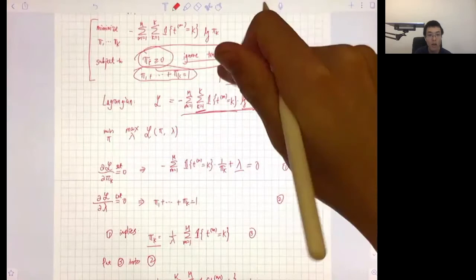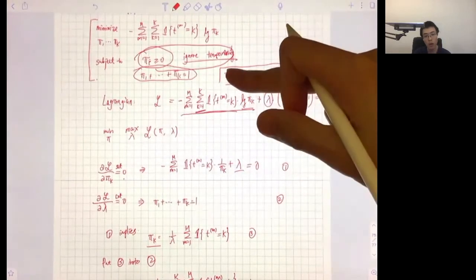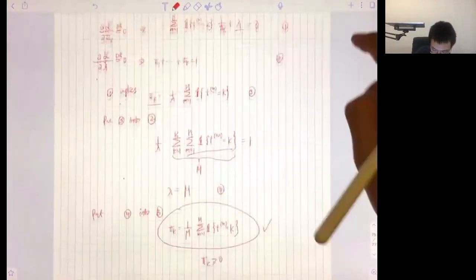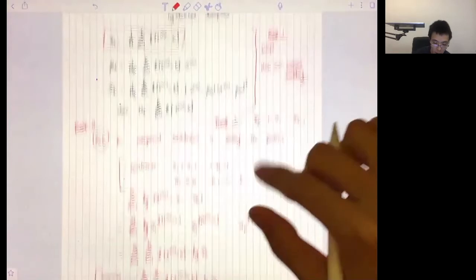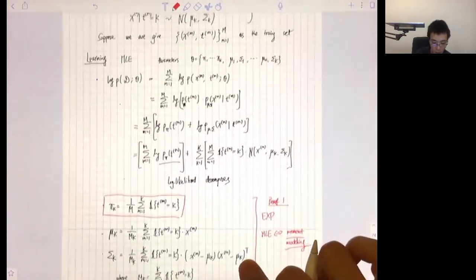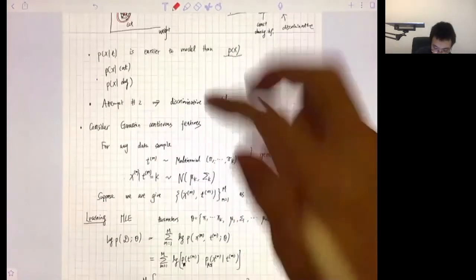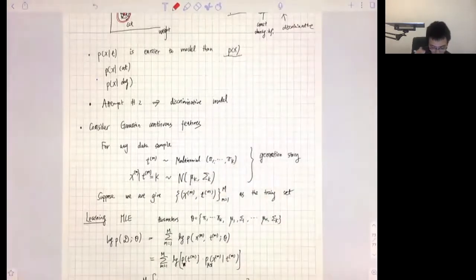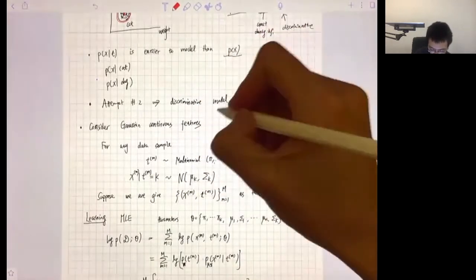When you ignore it temporarily, it's not a problem. So this is the learning for the Gaussian continuous variable, known as the Gaussian mixture model.